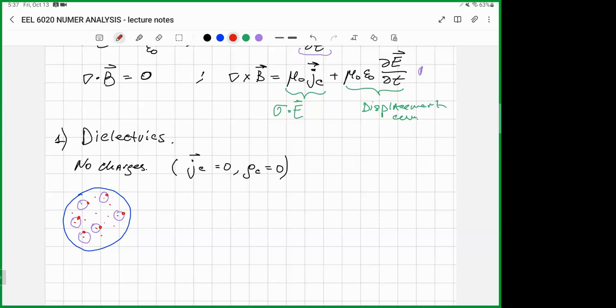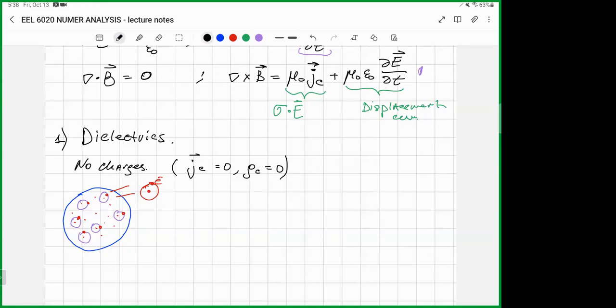But they still move around their own atoms. So these electrons don't create any current. They don't contribute to currents.